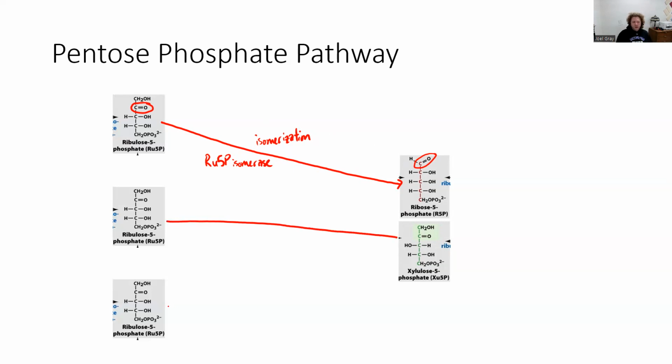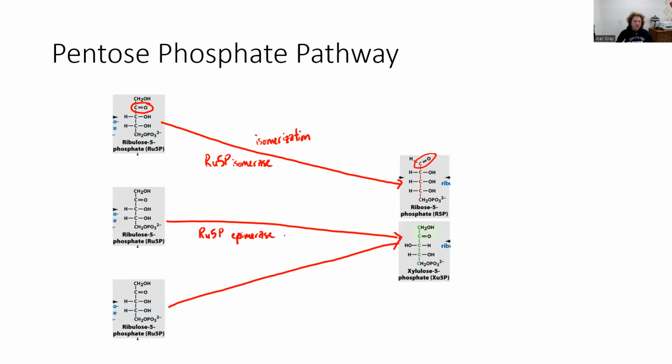Now, not necessarily in the opposite direction, but the other reaction that will be taking place involves Ru5P epimerase.